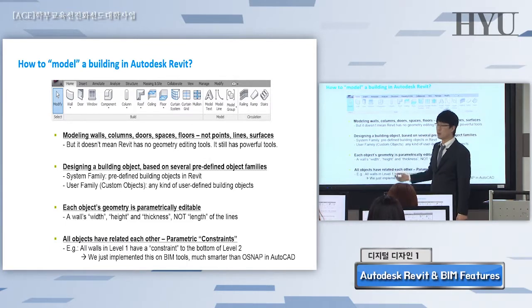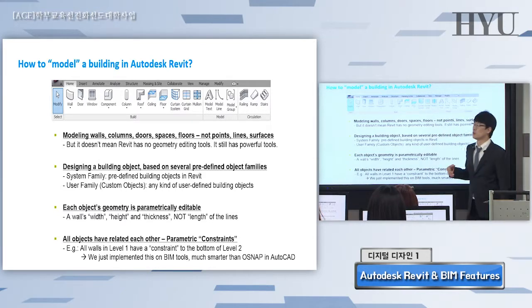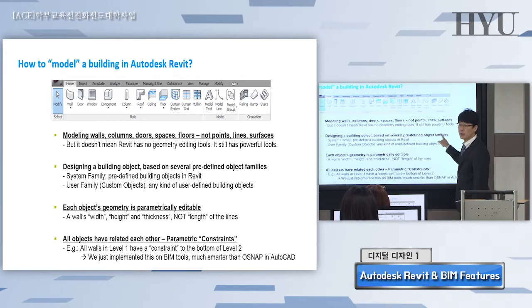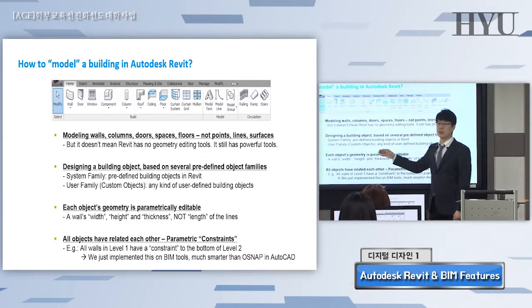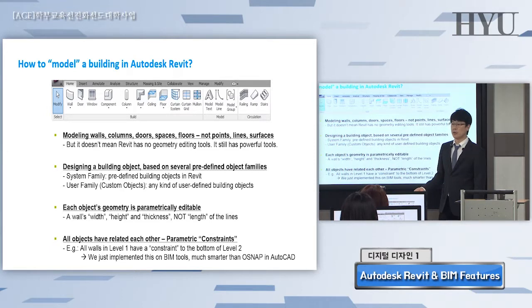You can edit. But what if you want to create your own wall? You have to open the family editor in Revit and create your own family. In other words, you have to create your own wall library, okay? And load this one into your building project. And then you can reuse that library.